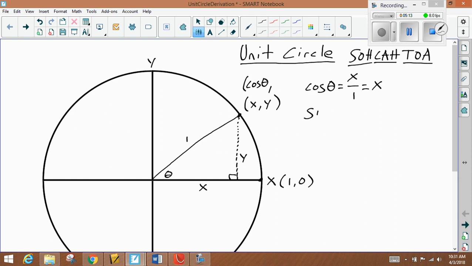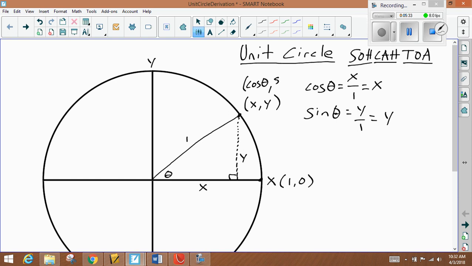What is sine of theta? Well, sine is opposite over hypotenuse, so that's going to be y over 1, or y.